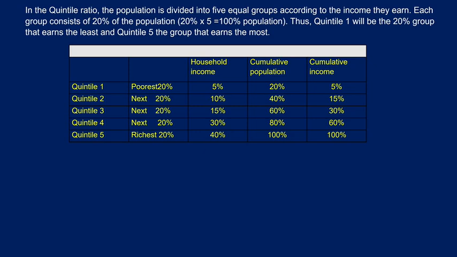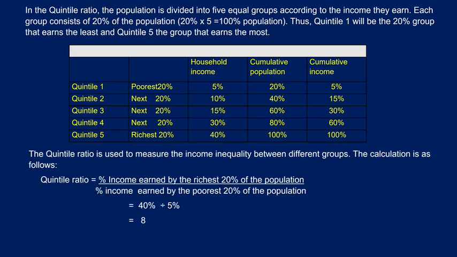So if you look at that, you can see there that the richest 20% earns the most of the income, right? So the quintile ratio is used to measure the income inequality between different groups. And the calculation is as follows.